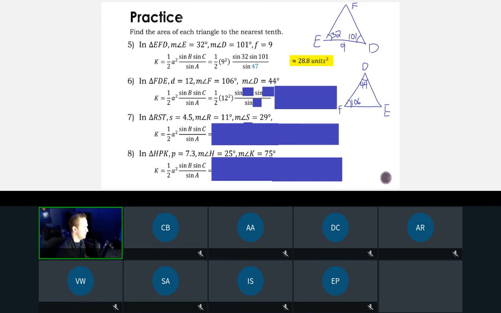Okay. And then you found the other one to be 30 degrees, obviously, by 180 minus those 2. So there's your 30. All right. It then says that side length d is 12. So opposite of D is 12. So 12 goes here.